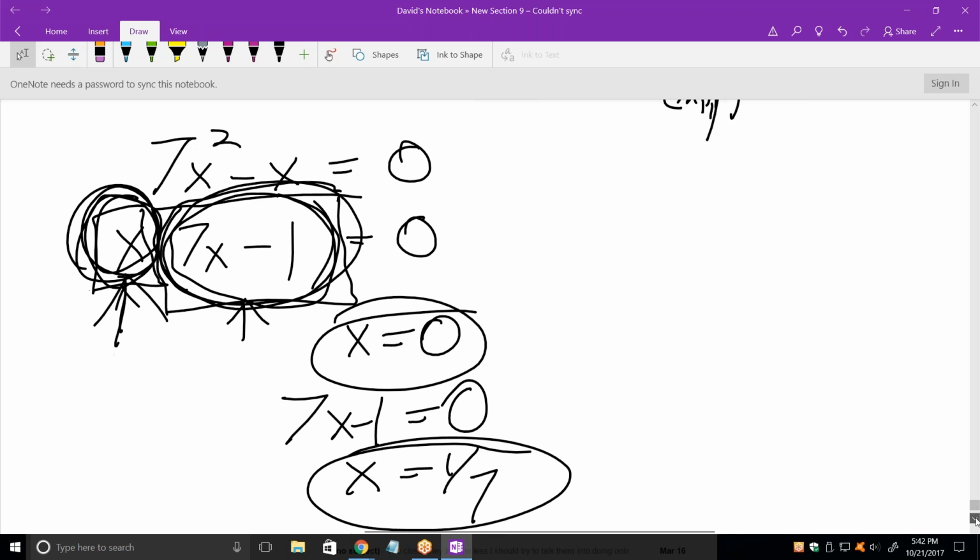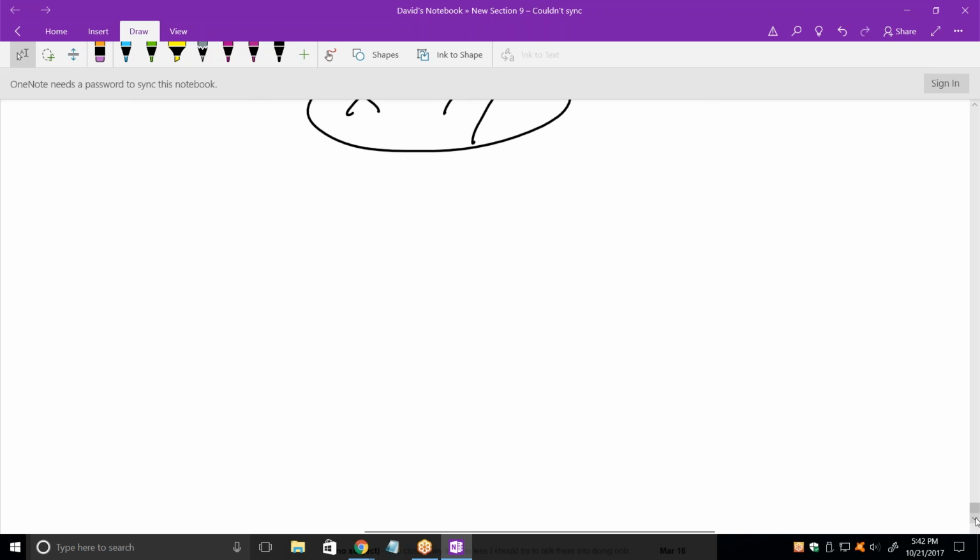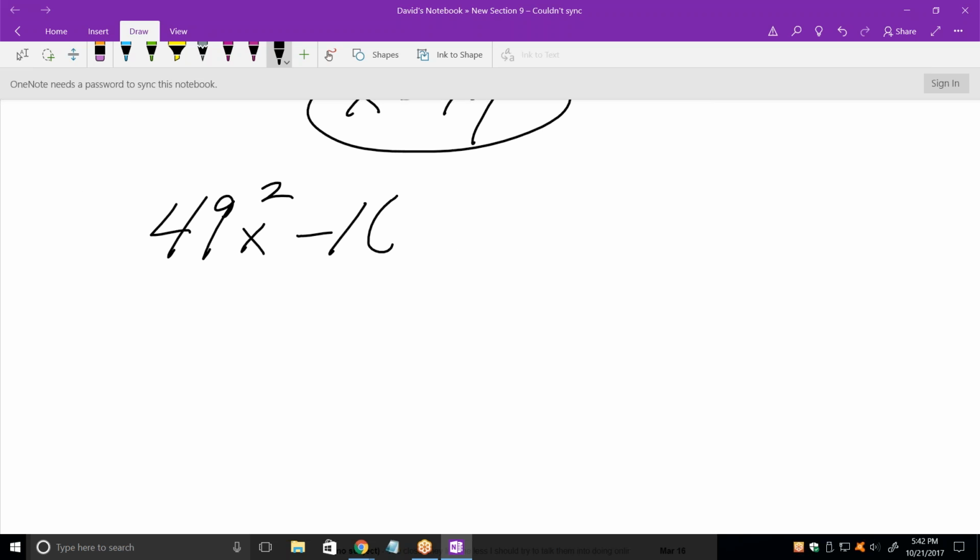The next problem we have is 49x squared minus 16 equals 0. Notice, first of all, that there's no greatest common factor, and it's missing an x term.